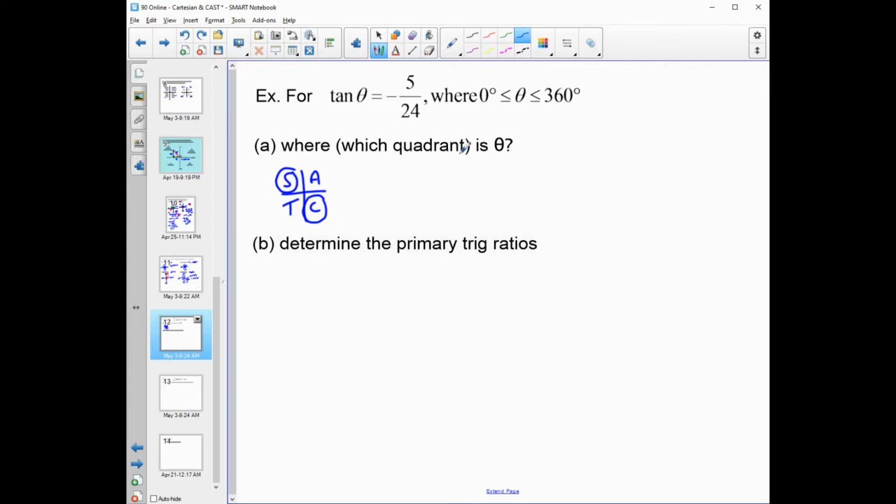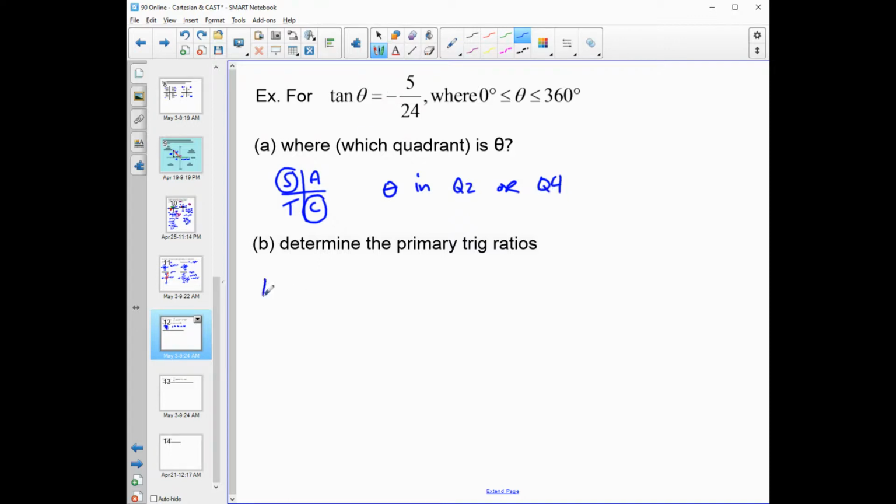So it's actually not a single quadrant. Theta is in quadrant 2 or quadrant 4. There's some ambiguity here. With the information we have, this angle could be in quadrant 2 or in quadrant 4. And I'm going to show you algebraically why that is the case.